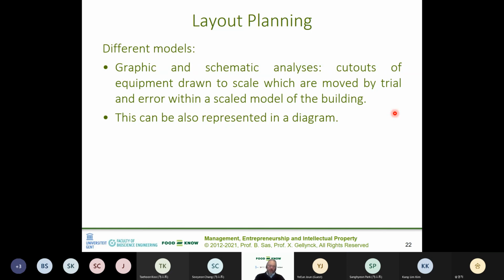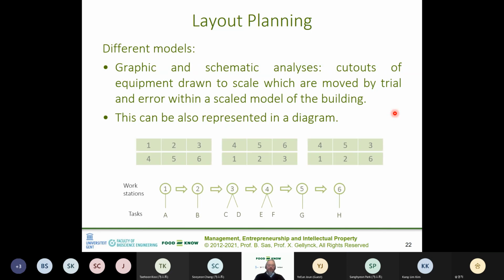You have also, of course, software programs to do that. It can also be presented in a diagram, so for larger setups, where you have the different workstations, and then the flow of the process and the different tasks done at the workstations.